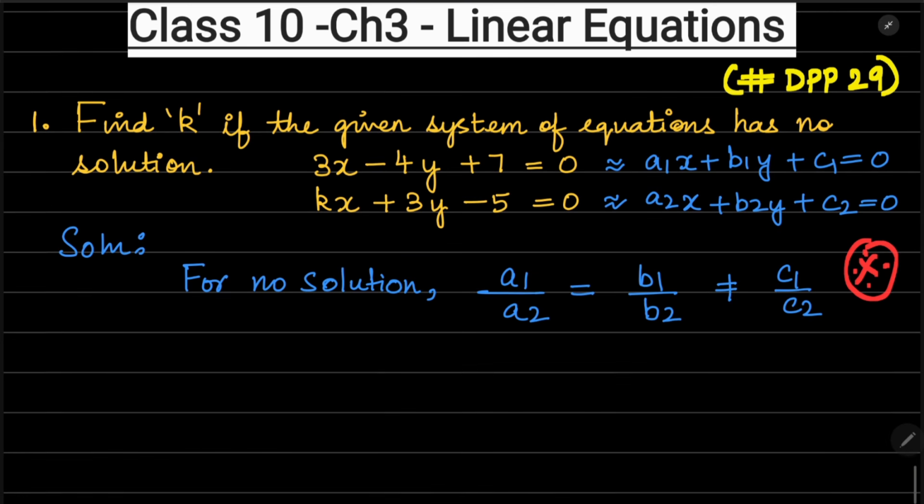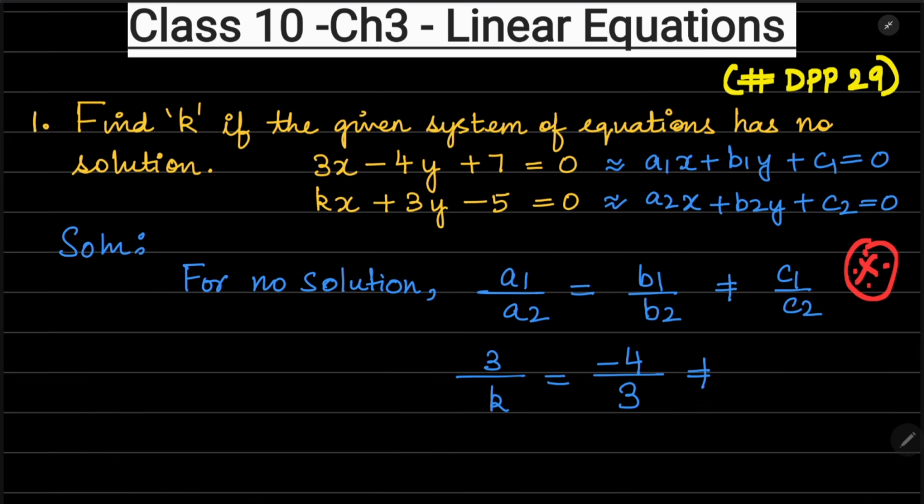Let's go ahead and replace a1 by a2 with the coefficients of x in both the equations. So what is the coefficient of x in the first equation? That is your a1, which is 3, divided by a2, which is k, is equal to b1, the coefficient of y in the first equation, which is minus 4, divided by the coefficient of y in the second, which is 3.